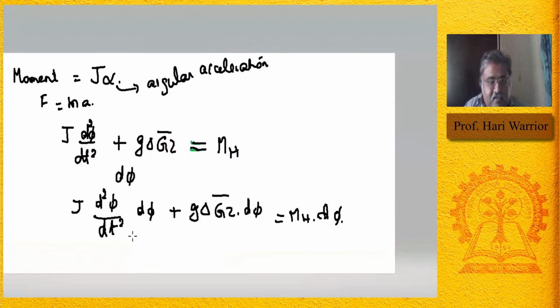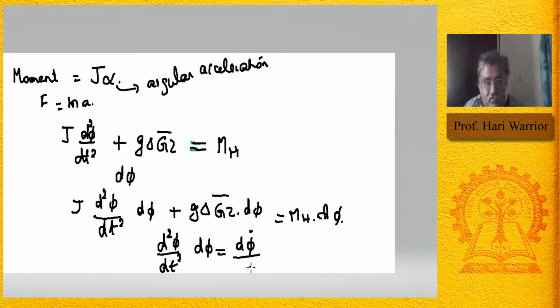Now let us take this term alone. This term is d square phi by dt square into d phi, which equals d phi dot by dt. You understand what that is, no? Phi dot is d phi by dt. It is written as d by dt of d phi by dt, which is d square phi by dt square, same thing as this. d phi dot by dt into d phi, which is equal to d phi dot.